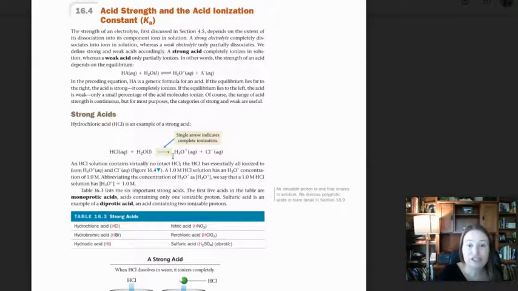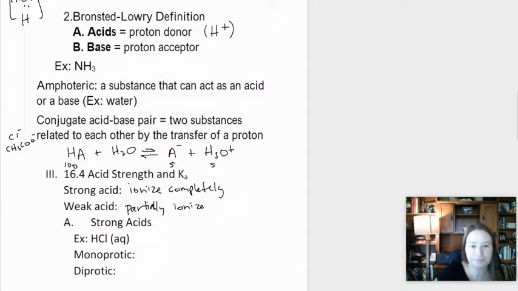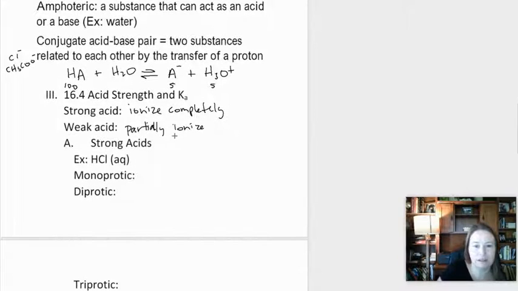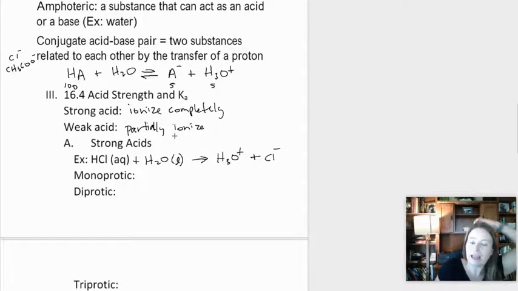If I have HCl, that's an example of a strong acid. Let's come back over here. If I have HCl plus H2O liquid, that is going to form, with a single-sided arrow, H3O plus and Cl minus, and that's going to happen 100% of the time. It's technically not 100%, but it's close enough that we're going to call it 100%.